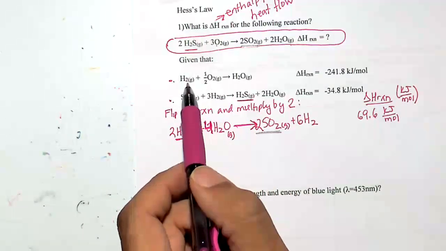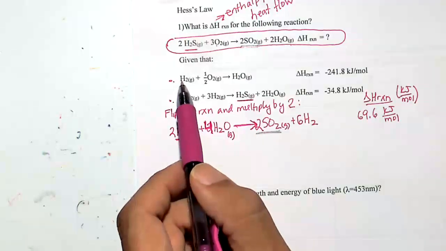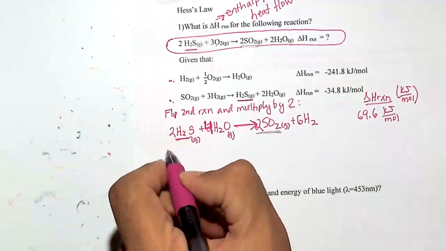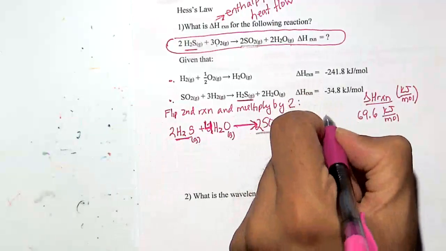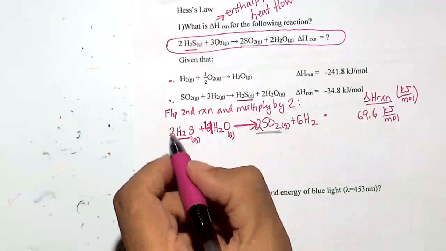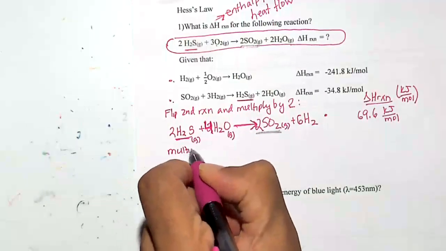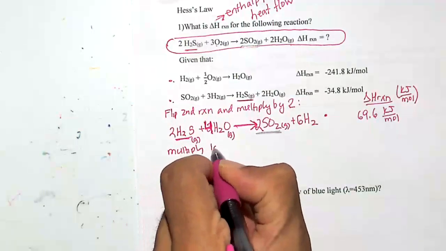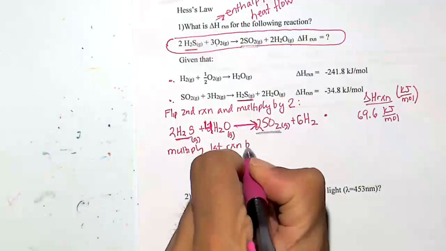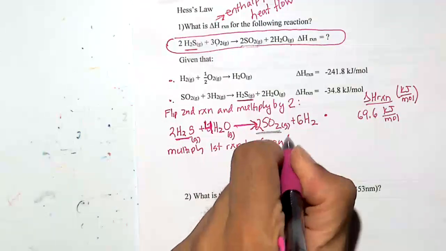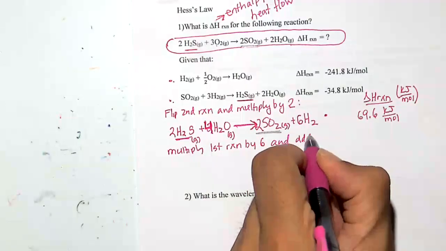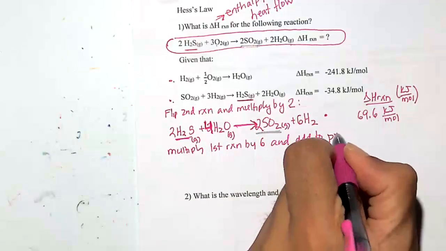I got an H2 here. I think I'm going to multiply this one by what number? 6. I think you guys see it. And then add it to which one? To this one. Multiply the first reaction by 6 and add to the previous one.